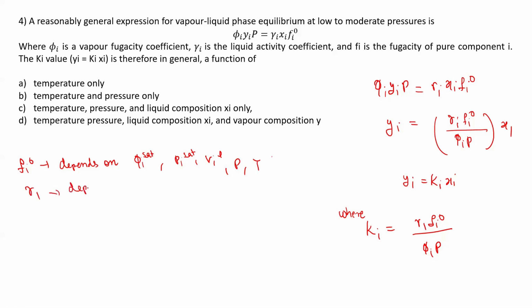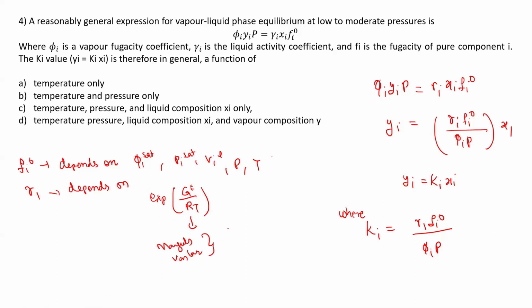So this depends on the exponential of G by RT. And generally, we have models, right? Margules, Van Laar.